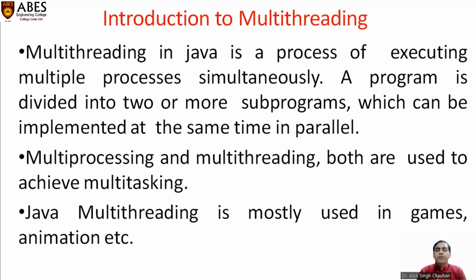Why multi-threading? Because threads use a shared memory area, so we can save memory, and context switching using threads takes less time as compared to a process. So generally we use multi-threading in Java to achieve multitasking. Java multi-threading is mostly used in games and animation, where different parts of the program can be run simultaneously in the form of threads.